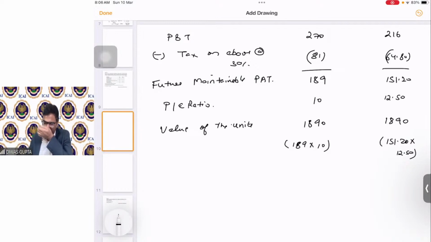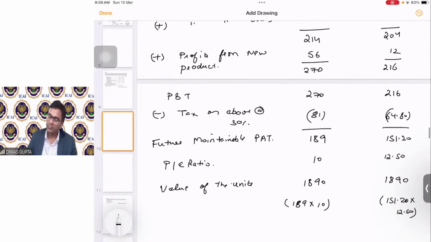Yes, Jyoti, your answer is correct. Coincidentally, the value of both the units is coming out to be the same.